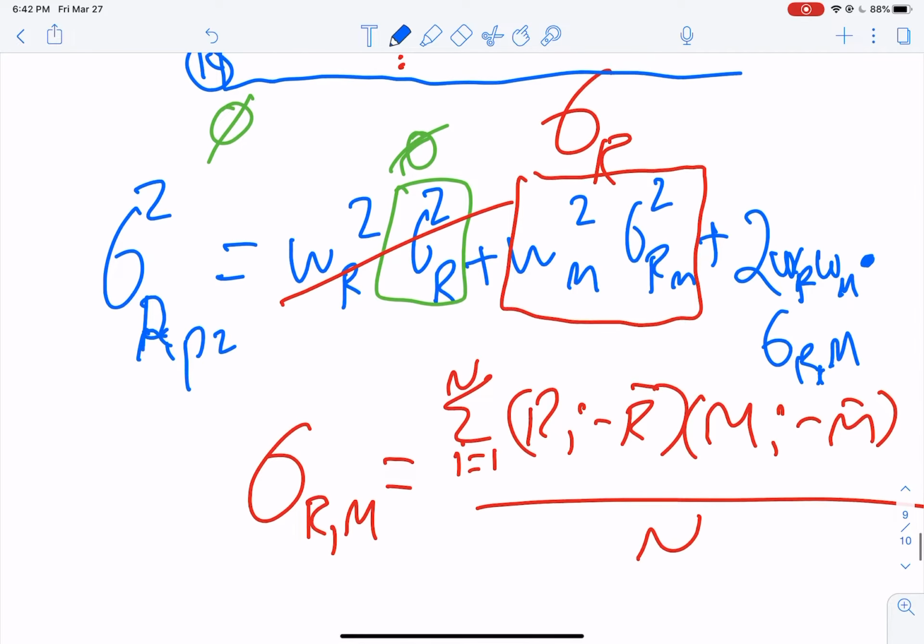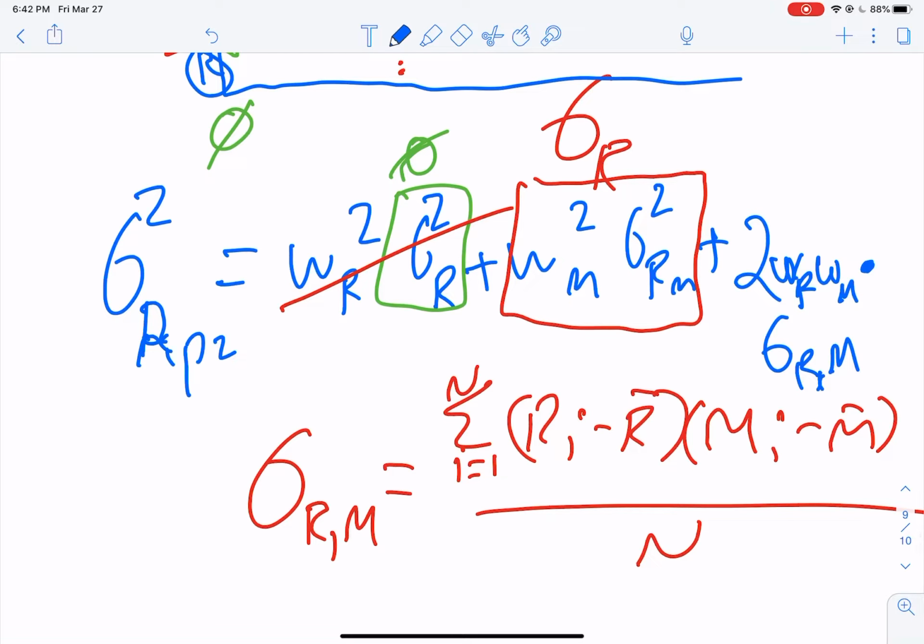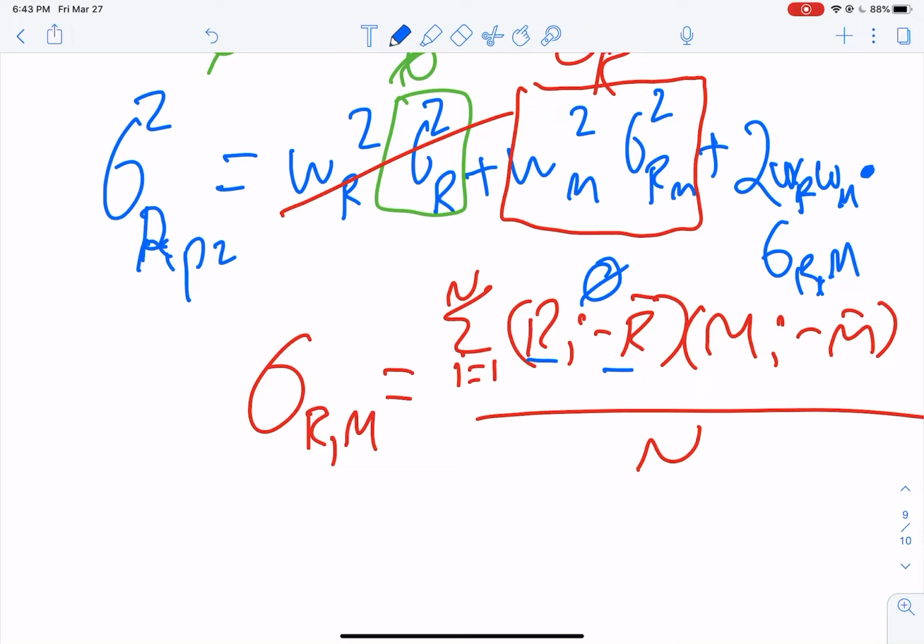And so that means R_i is constant, which means R_i is R bar, and that means this minus this is 0. And that means every term in this series is 0 times some mean deviation. These are mean deviations. So it's 0 times some mean deviation for the risky asset M, but it's going to be 0. So this ends up being equal to 0.